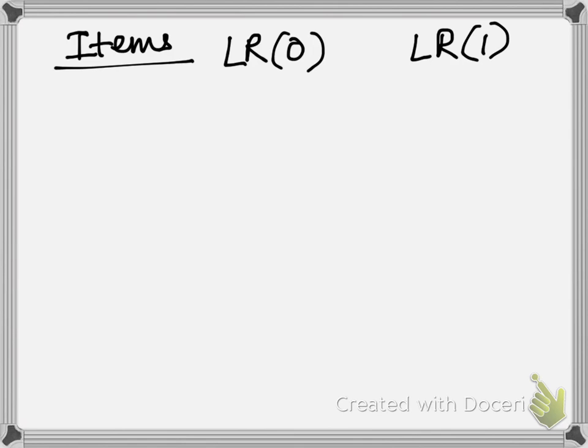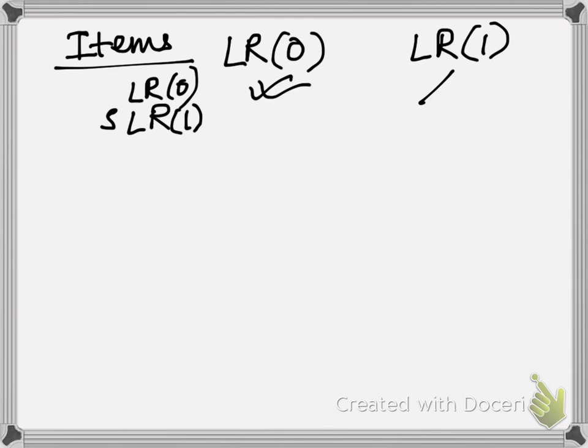For LR0 and SLR, we use LR0 items, whereas for LALR and for canonical LR, we use LR1 items. So let's see what an item is.